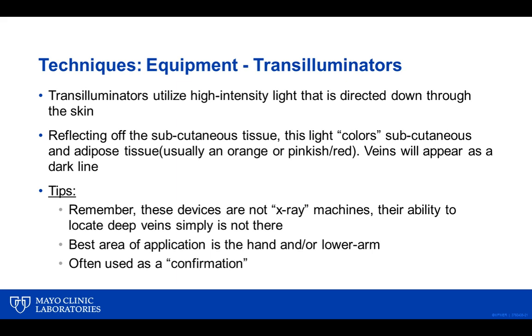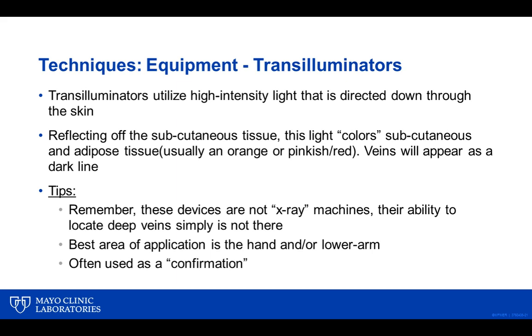Transilluminators. Transilluminators are one of those tools that can certainly be utilized to assist you in finding a vein. And they run the gamut from little handheld devices, which in my personal opinion are a confirmation of what I think I felt, all the way up to those with significantly more power.